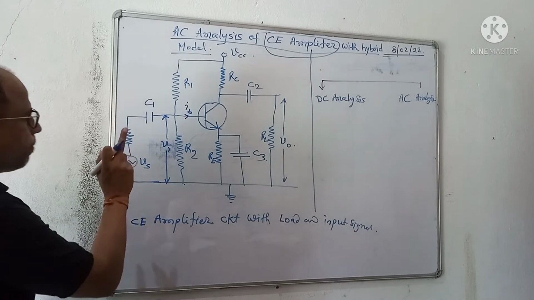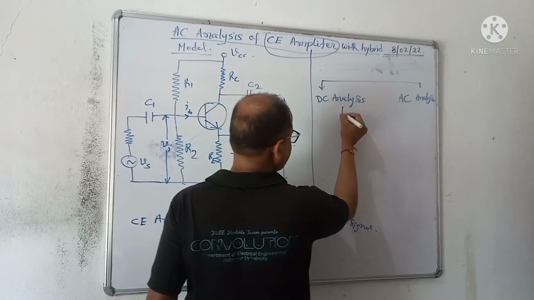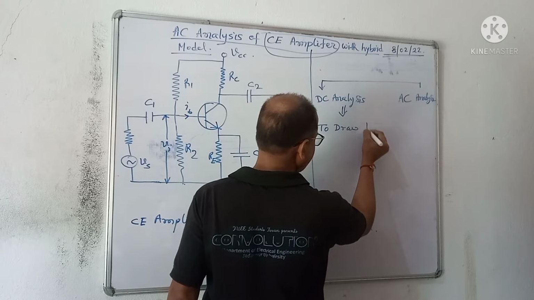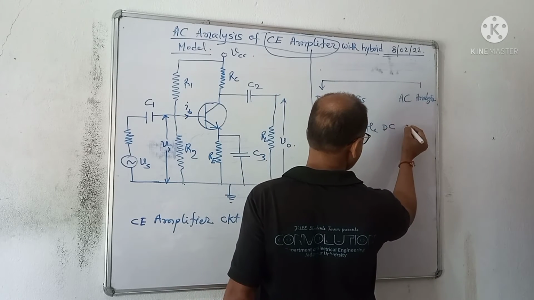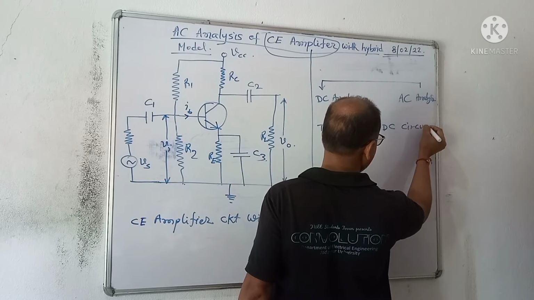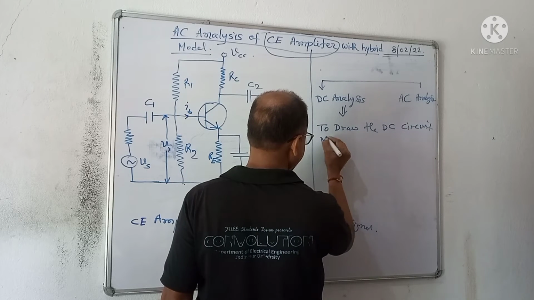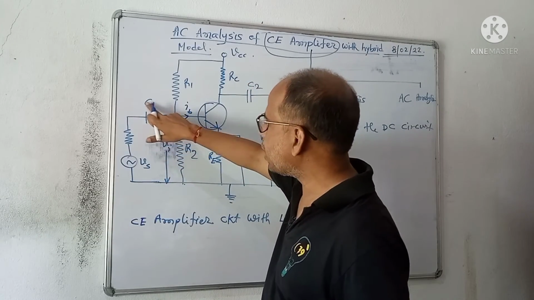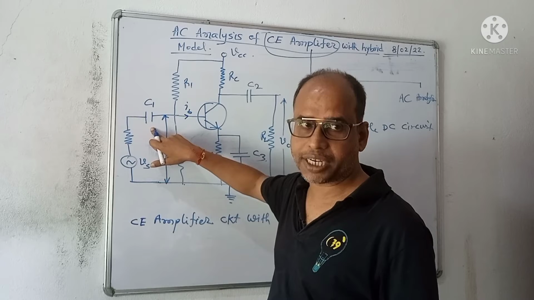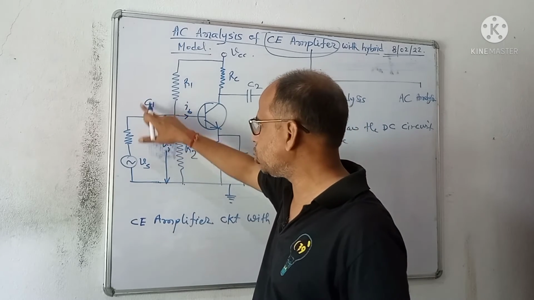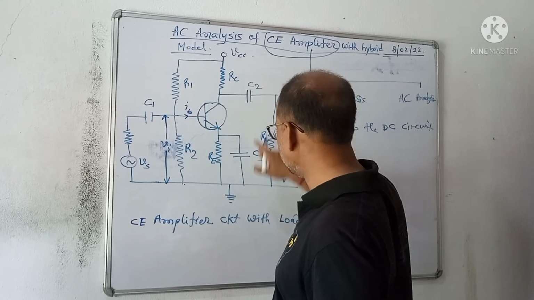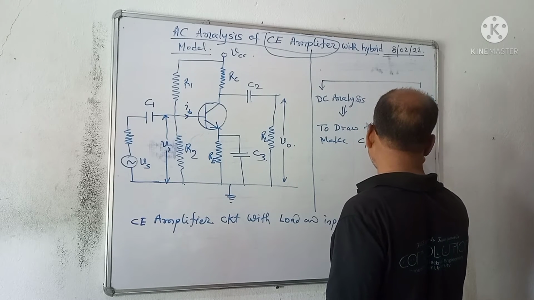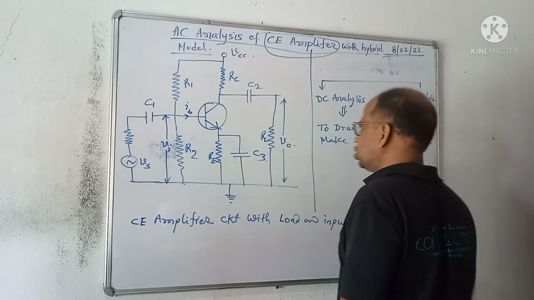Now, to draw the DC circuit, the capacitor is open for the DC. Therefore, C1 equal to C2 equal to C3 is equal to 0.